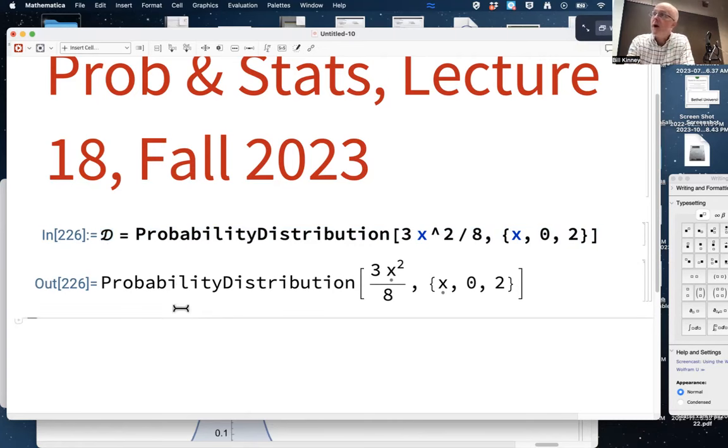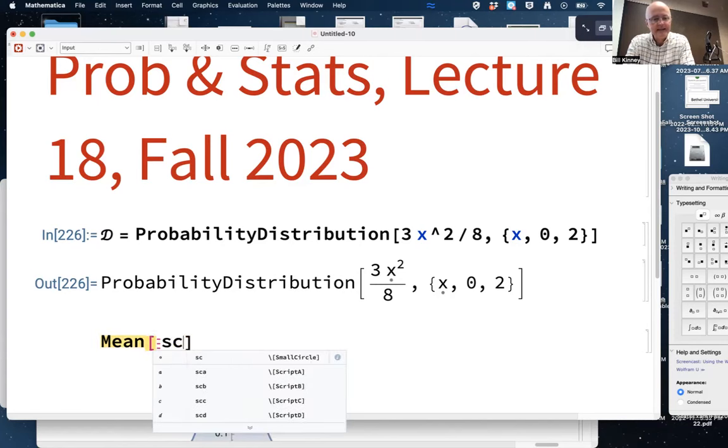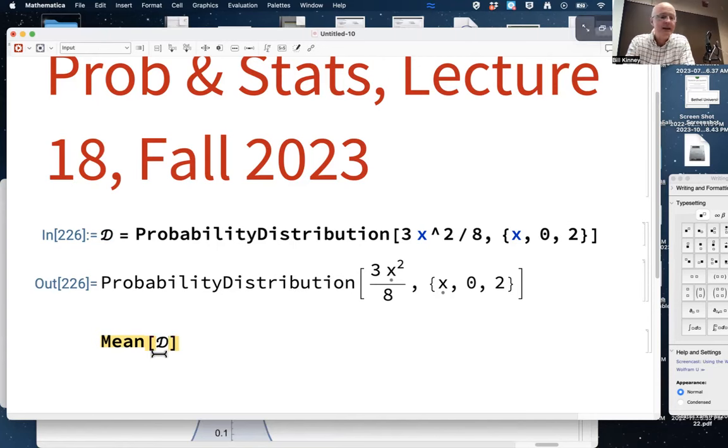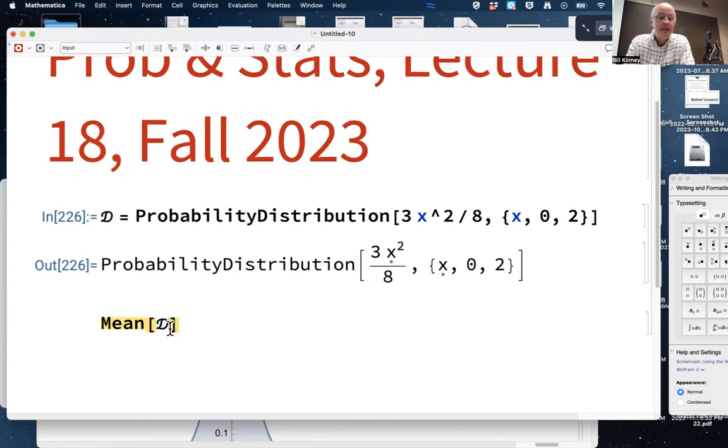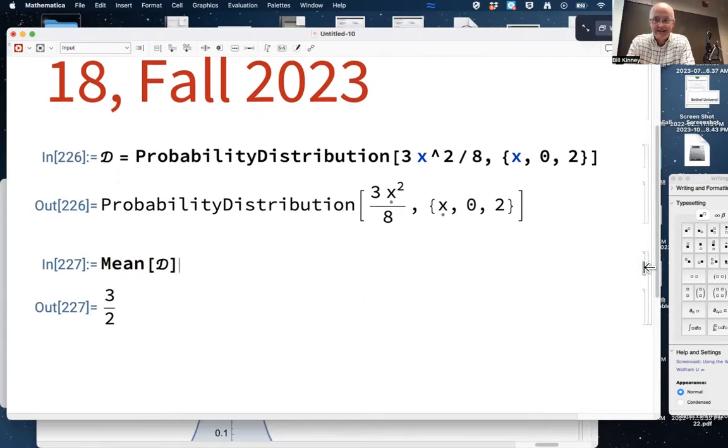What kind of information? Well, if I do this, actually I can make it cursive d by doing escape, scd, escape. Mean, 3/2. It did an integral, evidently. Variance.